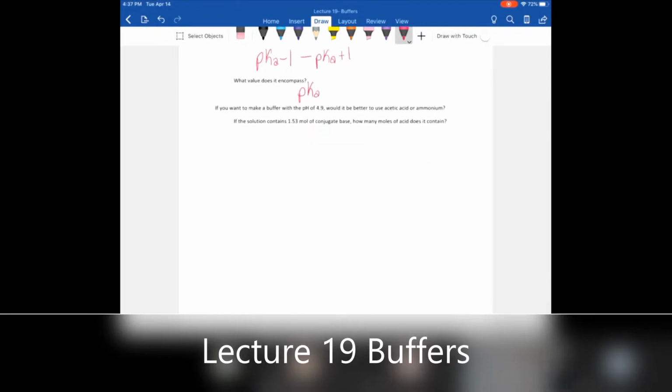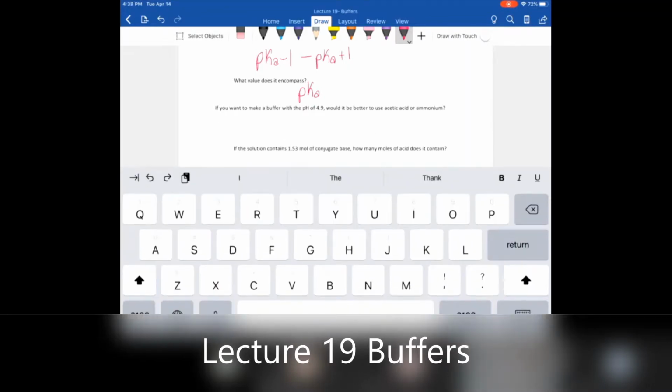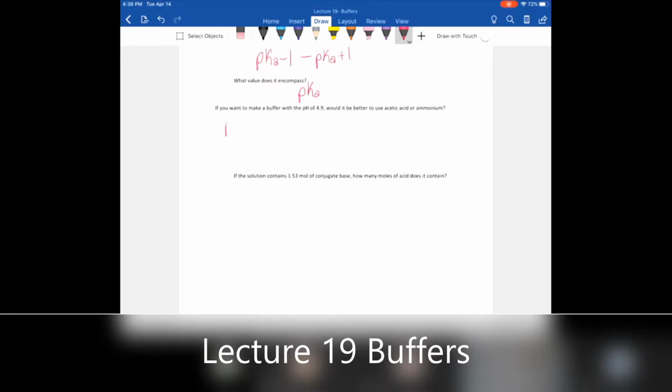So if you want to make a buffer with a pH of 4.9, would it be better to use acetic acid or ammonium? The pKa of acetic acid is 4.76, and the pKa of ammonium is 9.25.